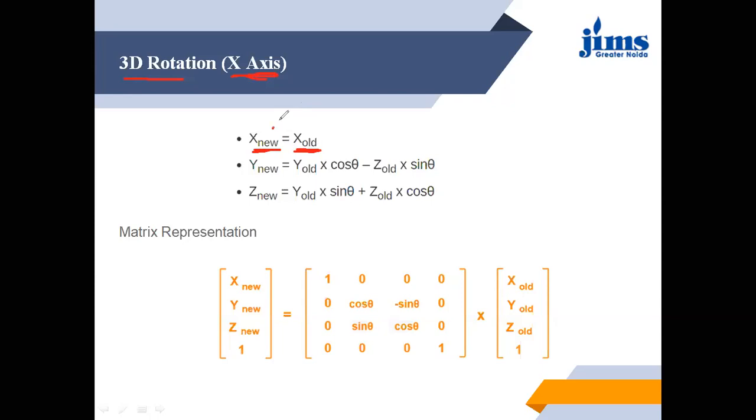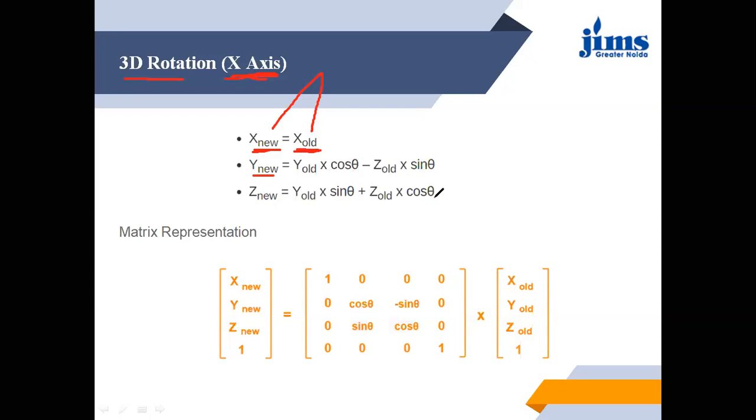One thing is clear from here: in the x-axis rotation the x coordinate value will be the same, in the y-axis rotation the y coordinate value will be the same, and in the z-axis rotation the z old and z new values will be the same. The values of y new and z new depend on the angle by which we are rotating.